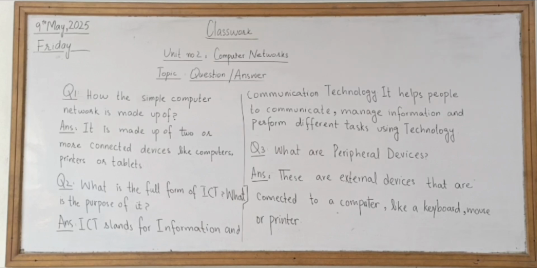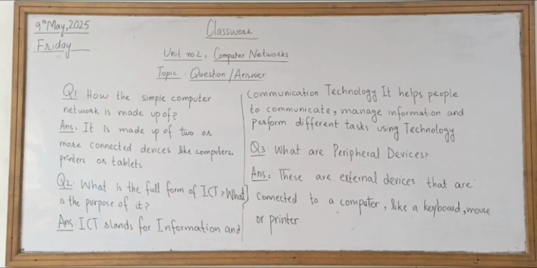A computer is a computer device, and the second one is a printer. This is also an example of a computer device. So we have connected both of the devices together, and this will build a network for us that is known as a computer network.